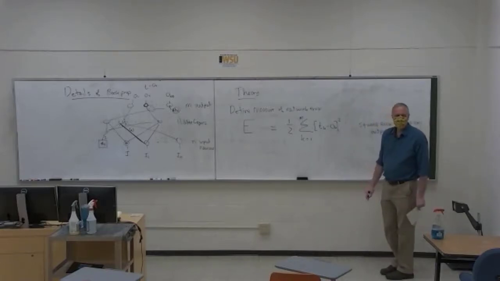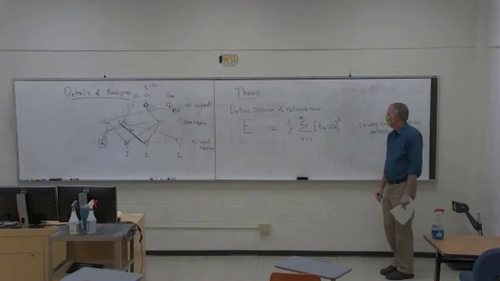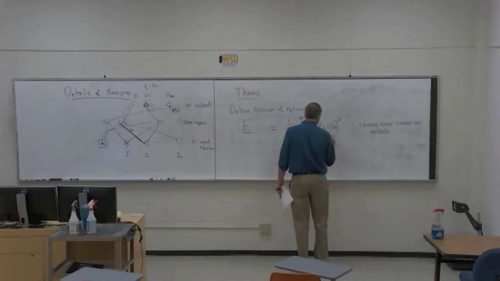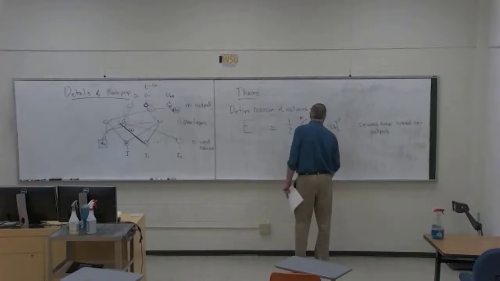That's just the total error. You take each output neuron, take the error, sum it. So this is E sub J.